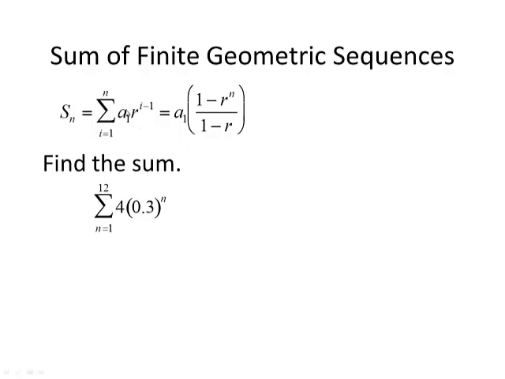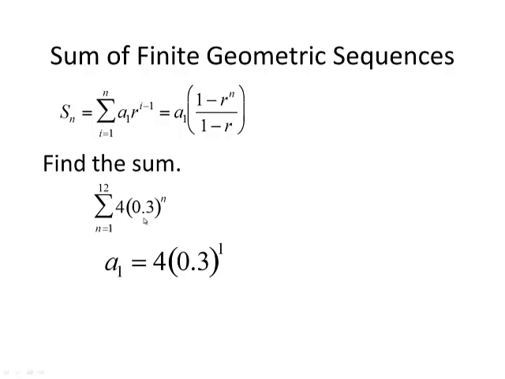So looking at this, we have to be real careful. We just can't grab this as the first term. We actually have to plug in the first number down here to get our first term. And we plug in 1, substitute the 1 in for n, we actually get this, which is really 1.2. And 1.2 doesn't show up in here. That's really important that you can find all your pieces. You need to be able to find the common ratio. That's 0.3.